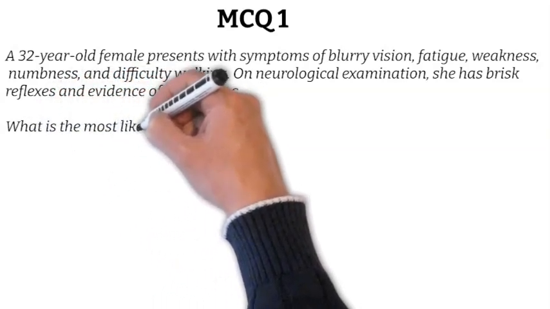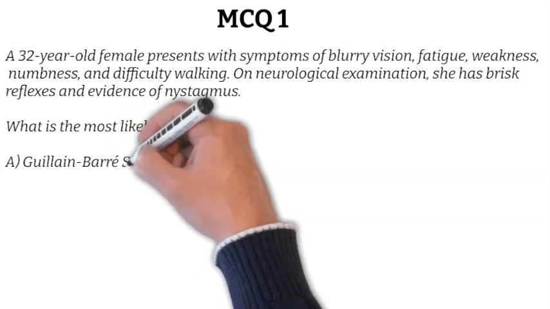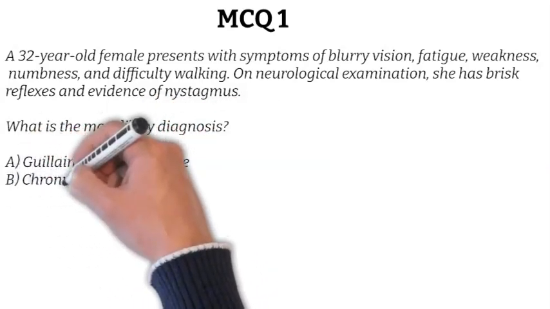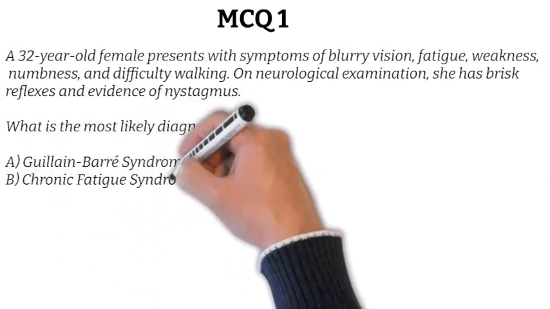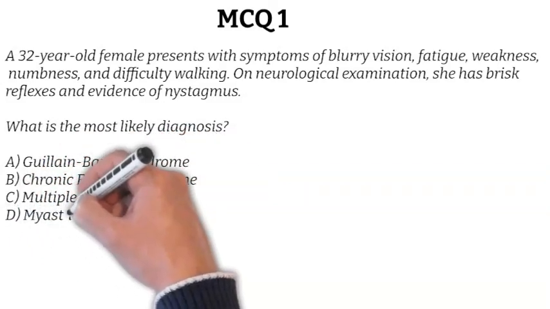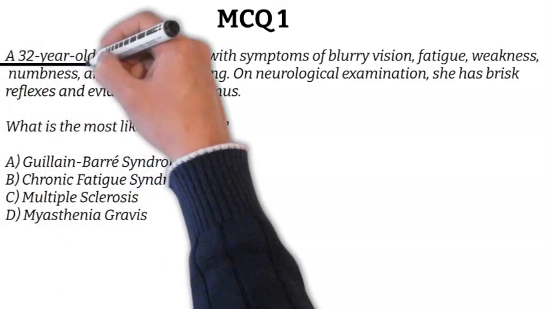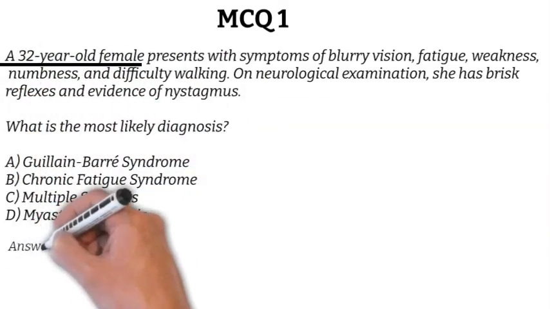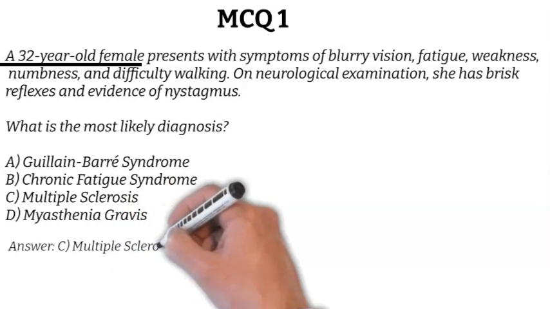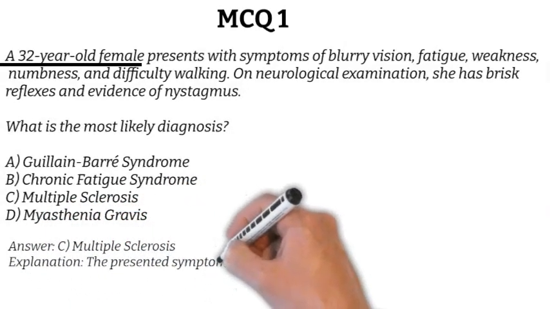So basically, she has all the signs and symptoms of multiple sclerosis. Is it Guillain-Barré syndrome? Chronic fatigue syndrome? No. Multiple sclerosis? Yes. Is it myasthenia gravis? No. Look, the patient is 32. We said 17 to 35 and female. So basically, all the picture of multiple sclerosis.